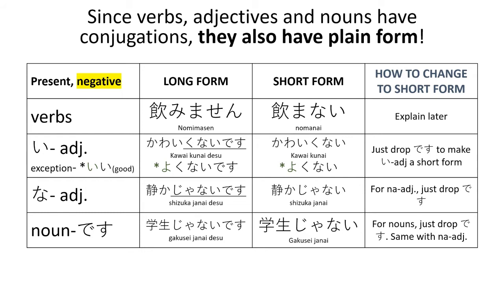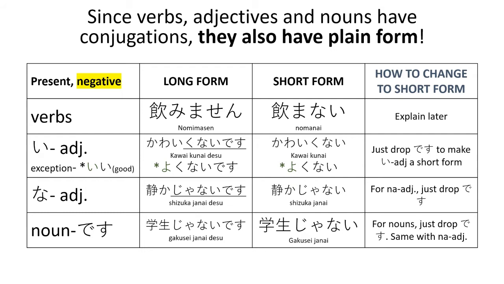For ii, good, we change the first i into yo and then say yokunai desu. And we remove desu to make it short form. Yokunai. For the na adjective, shizuka janai desu.